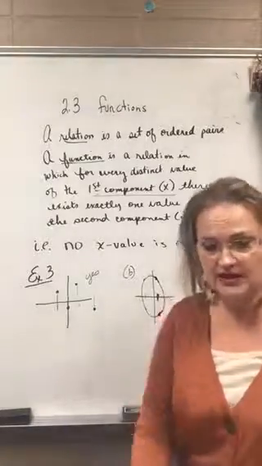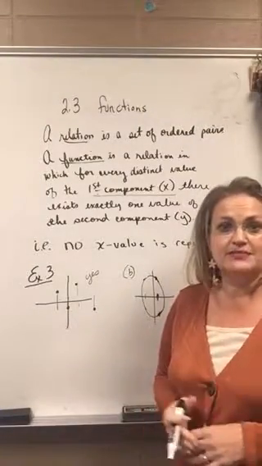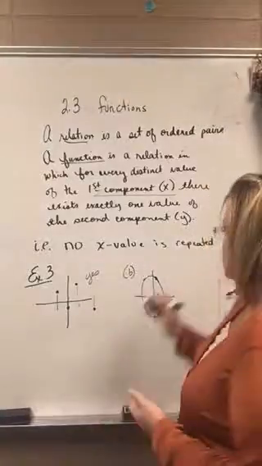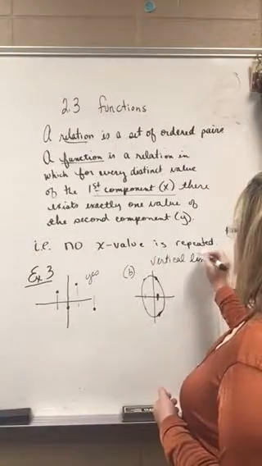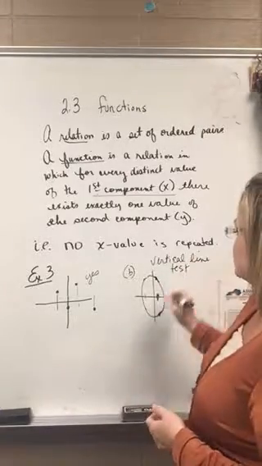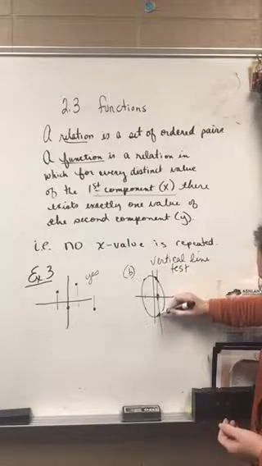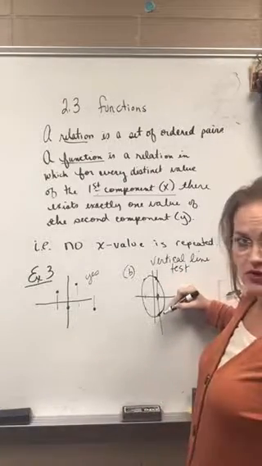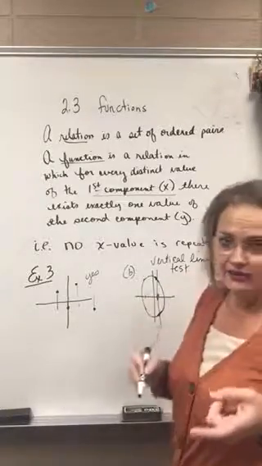Now, a quicker way to think about this, and what the book would recommend, is something called the vertical line test. The vertical line test says, if you can draw a straight up and down vertical line on your graph and it hits the curve, whatever you've drawn there, in more than one place, it can't be a function.